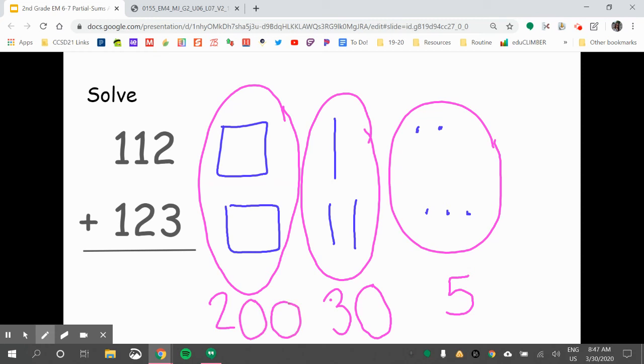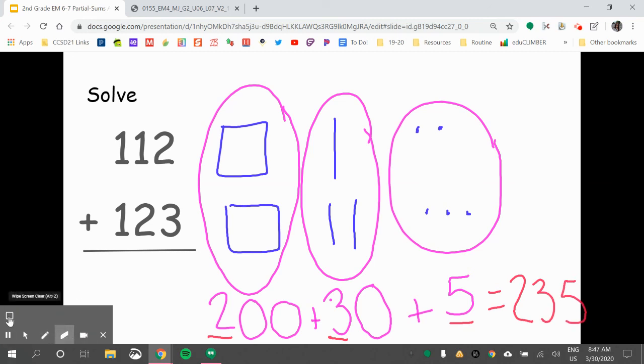I'm not finished yet because I do need to go ahead and add all of these together because each of these is one part of our total. They are all partial sums. So now I'm ready to go ahead and add 200 plus 30 plus 5. I know using my strategies that I can look at the number in each of the places to get to my final answer, which is equal to 235.